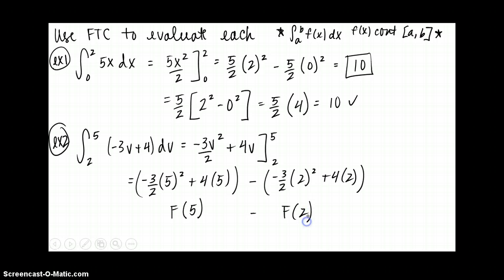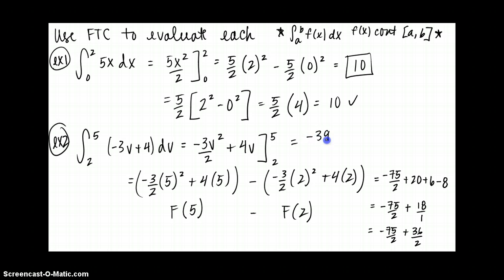Unless otherwise stated, these are all non-calculator problems. Okay, so plus 20 plus 6 minus 8 plus 18, so negative 39/2 would be the value of our antiderivative.